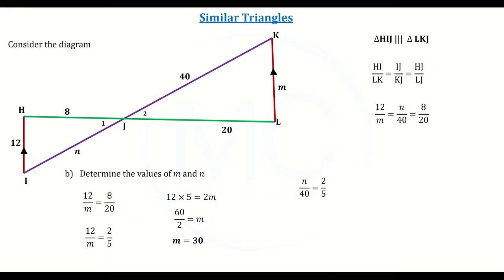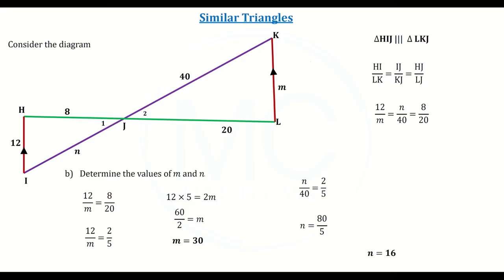And now we can solve for N. To get N by itself, let's multiply both sides by 40. And we get N is equal to 2 multiplied by 40, which is 80, over 5. 80 divided by 5 is 16, which means that N is equal to 16.